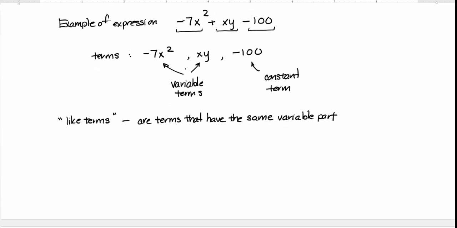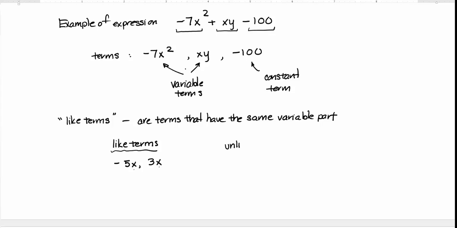Okay, so for example, two like terms, we have, say, negative 5x and 3x. Those are alike because we have one x in there.